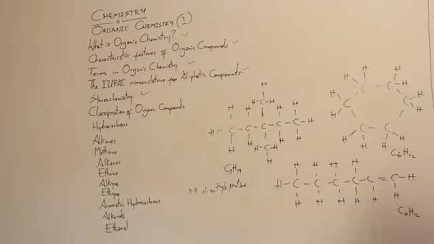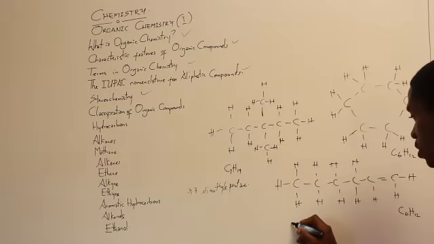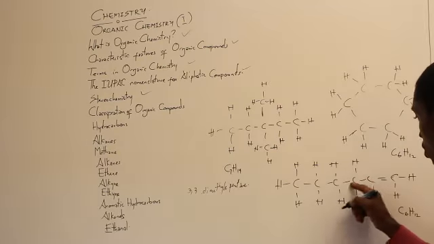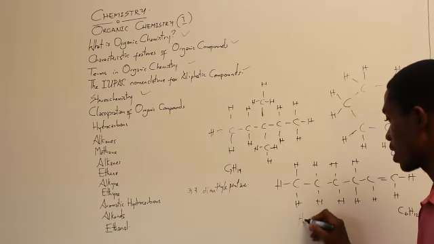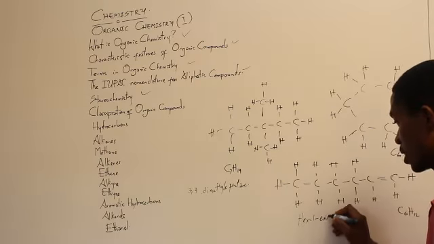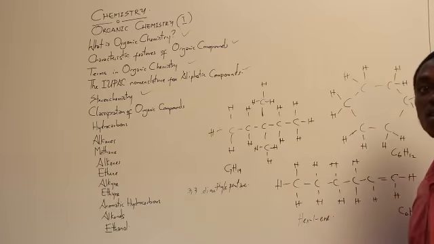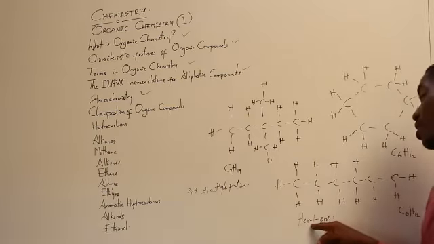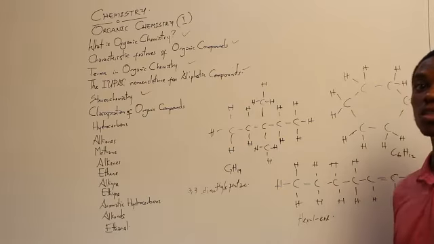And here we have 1, 2, of course, so we can call it 1, 2, 3, 4, 5, 6. We have an yne, but it is on 1, so 1-yne. We have a habit that when the suffix is on the 1, we usually do not specify.